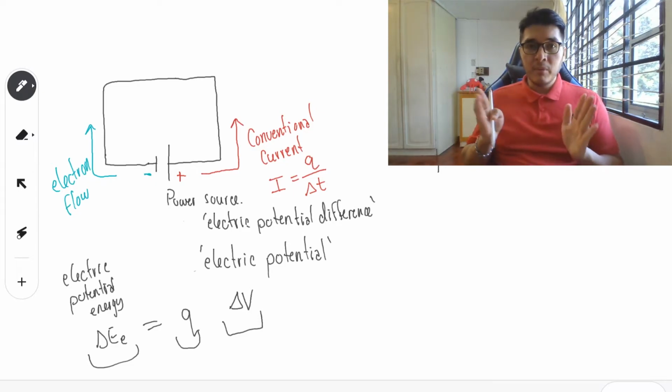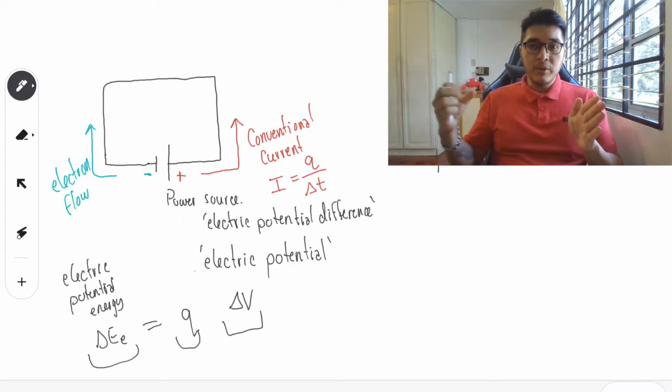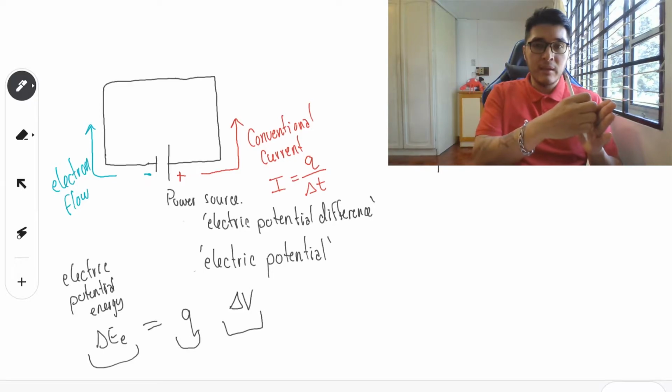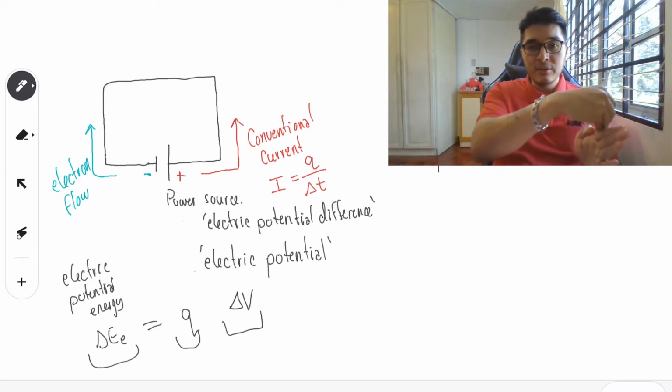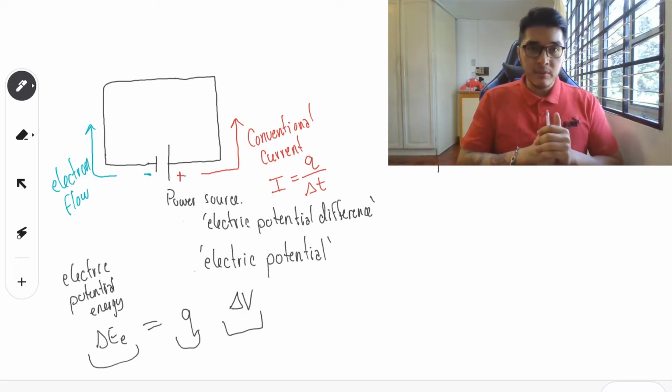So if we think about it, a battery provides a potential difference. So when you have a charge going through a potential difference, it's going to gain electric potential energy, which it then uses to move around the circuit. Any question on that part? Because again, I know it's confusing, so make sure you ask your questions.